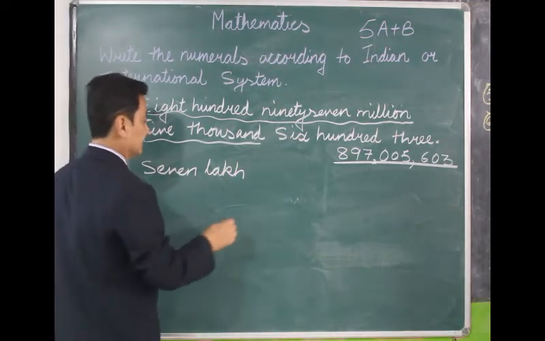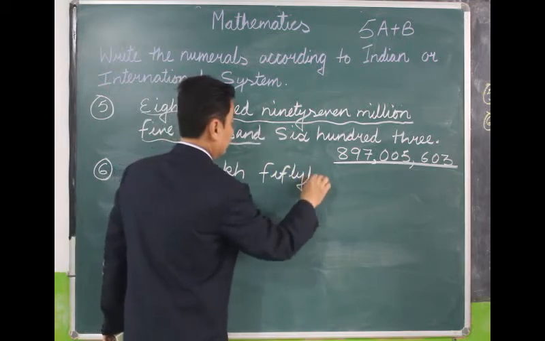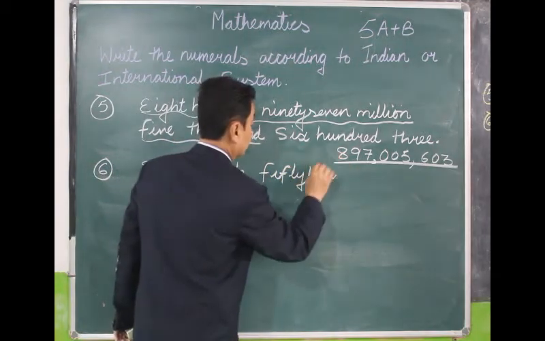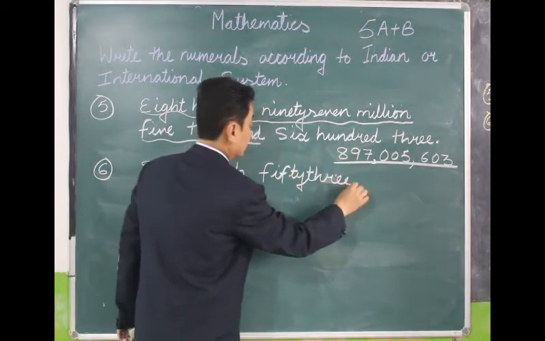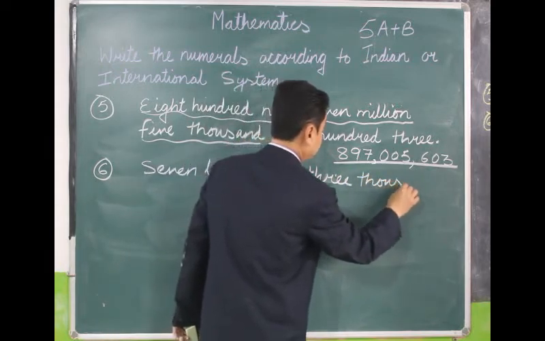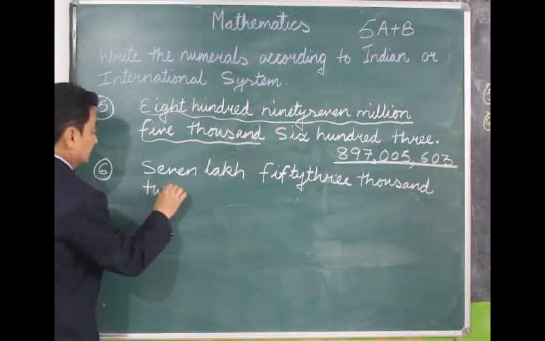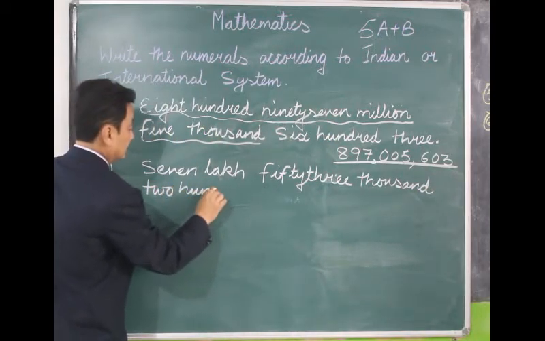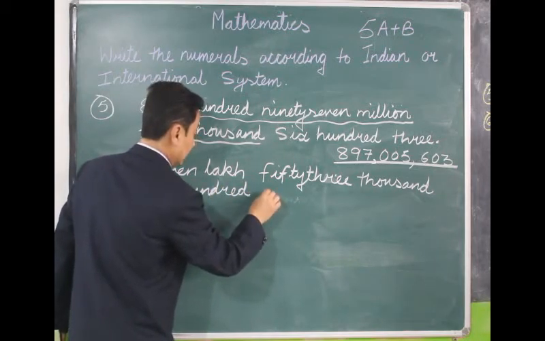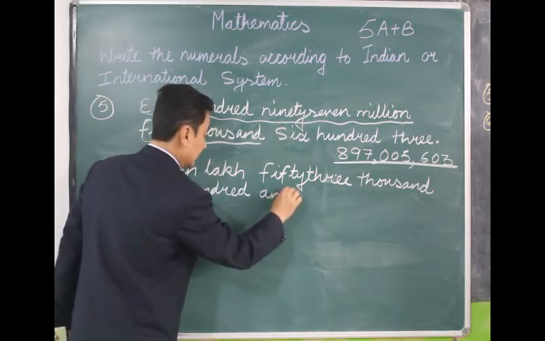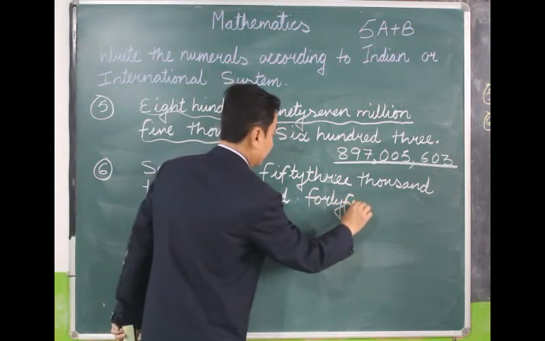Very good. 53,000. 53,200. You can write 'and,' or you don't have to write 'and.' But let's write 'and' in this one. 45.